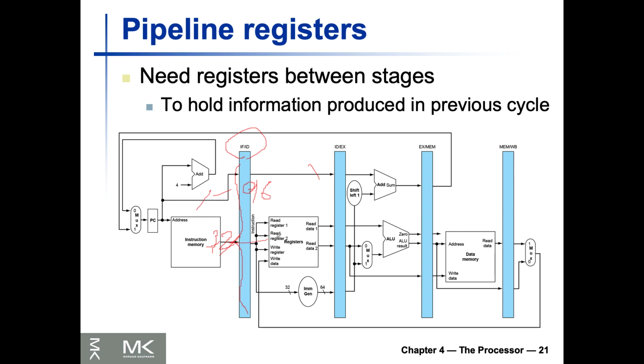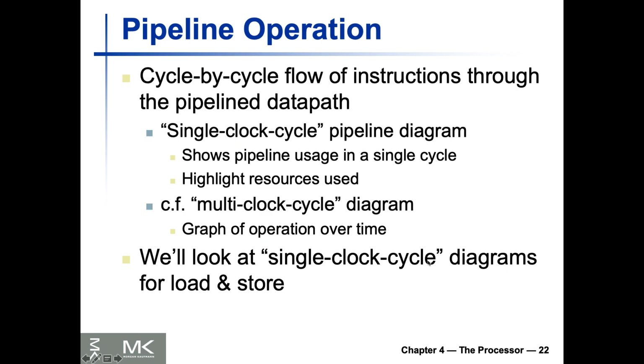So that's why 32 and 64, we have 96. Different registers for each stage have their own different sizes that we gradually get to learn. So that's the idea of putting registers in between to hold on to the information which was produced in the previous cycle.